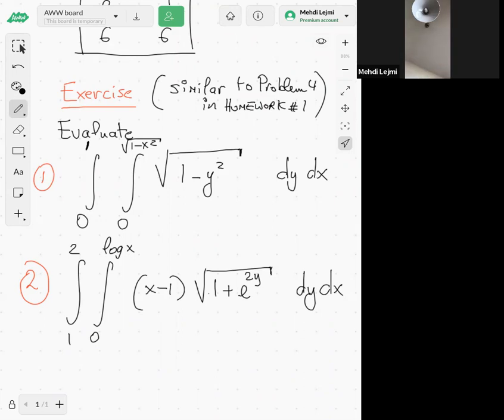So your region D is a ring-shaped region. I claimed that an annulus is not an elementary region, but the idea is that you can divide your annulus into 4 elementary regions, right?